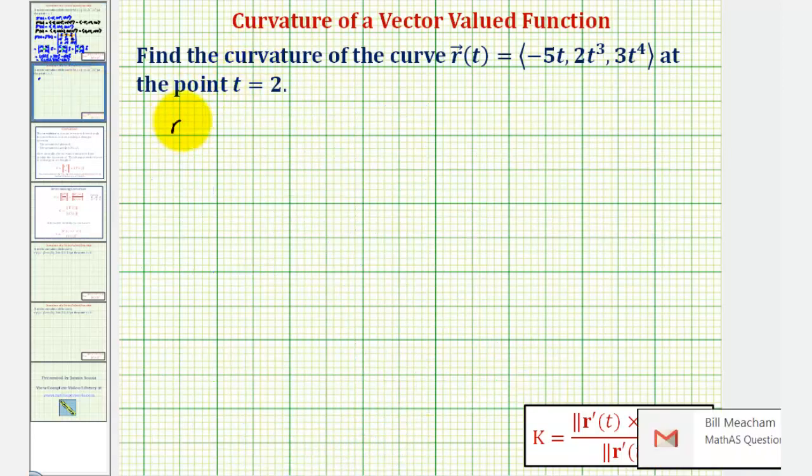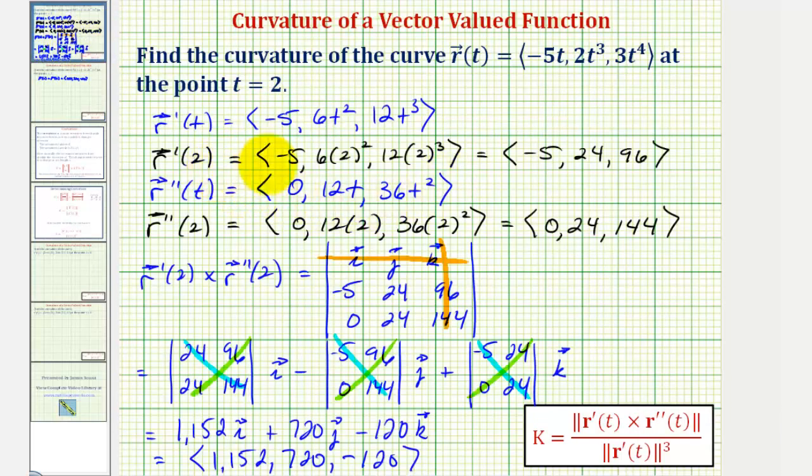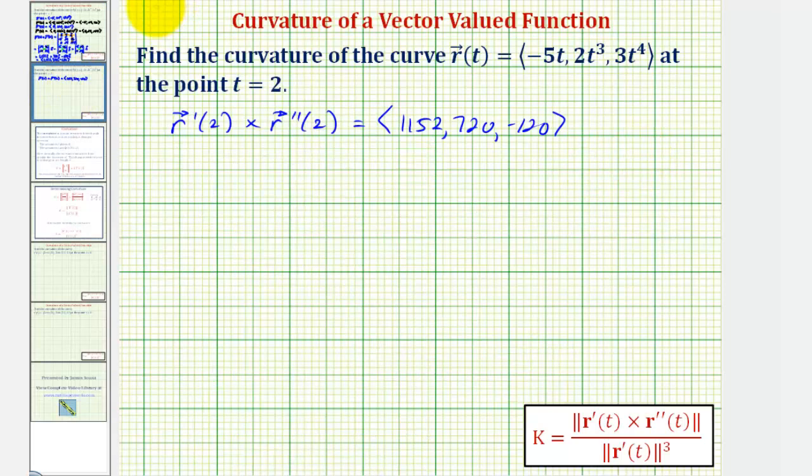So now we know r prime of 2 crossed with r double prime of 2, and we also found earlier that r prime of 2 has components -5, 24, 96. And now we can go ahead and find the curvature. The curvature k is equal to the magnitude of our cross product.